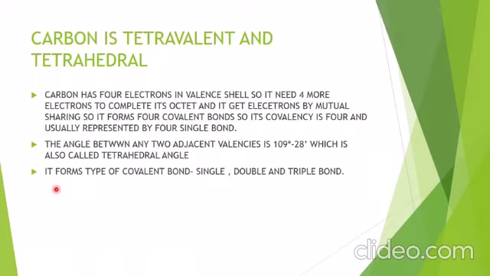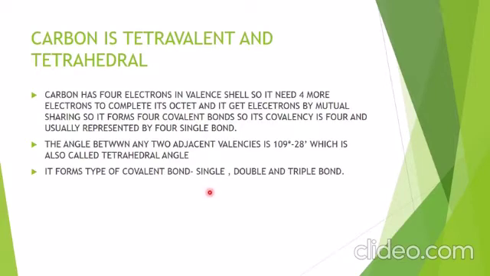Now types of covalent bond. The covalent bonds are of 3 types. What are the 3 types? These are single bond, double bond and triple bond. If each atom contributes 1 electron, the covalent bond formed is the single covalent bond and it is represented by a single line.